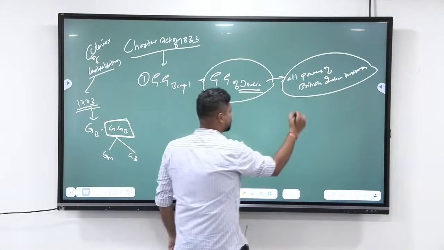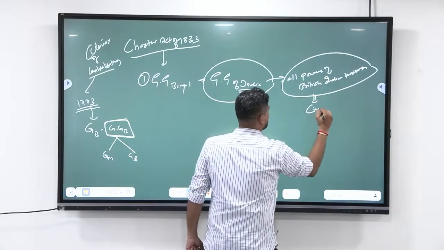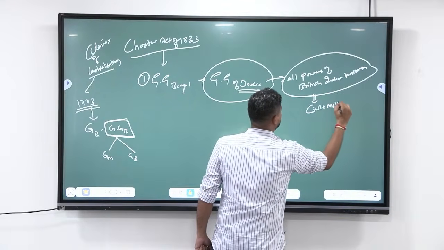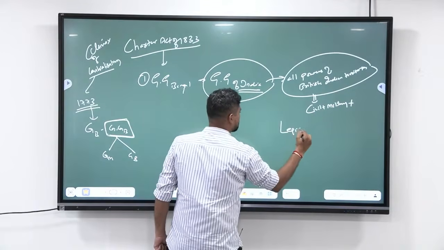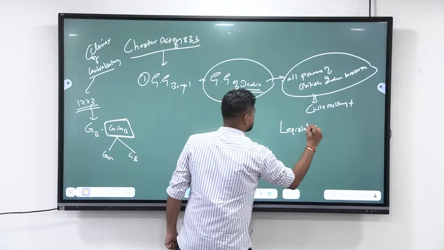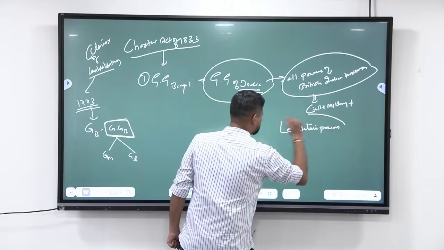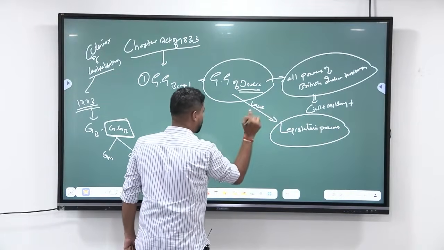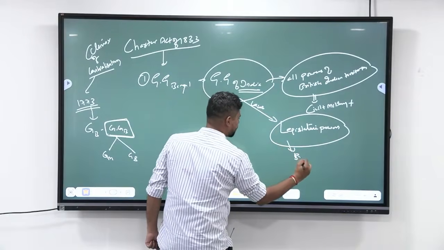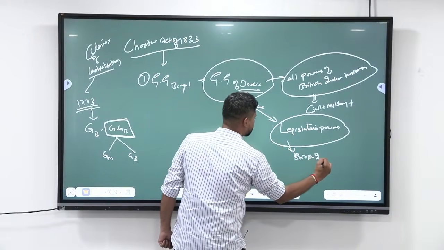When I say all powers, it means civil, it means military, and most importantly, it also means legislative powers. That means the Governor General of India can make laws for the entire British India.